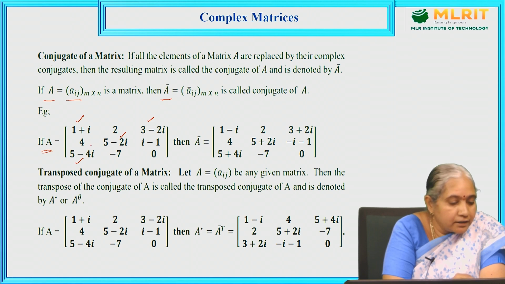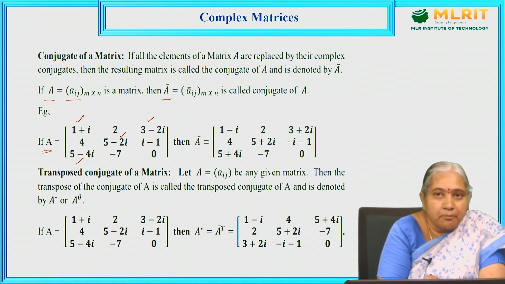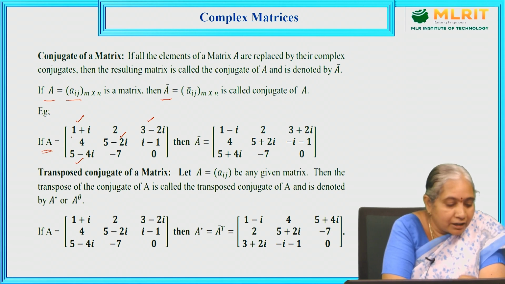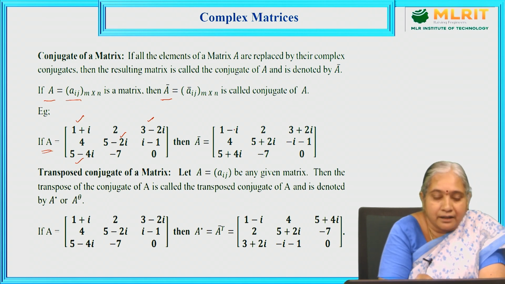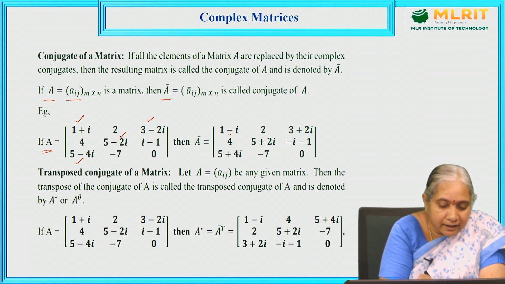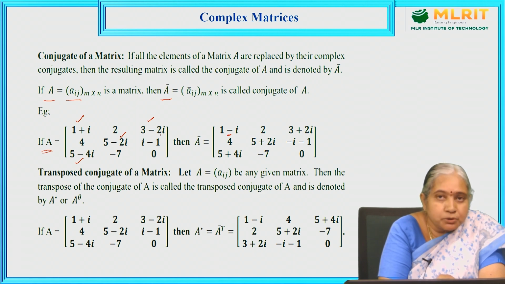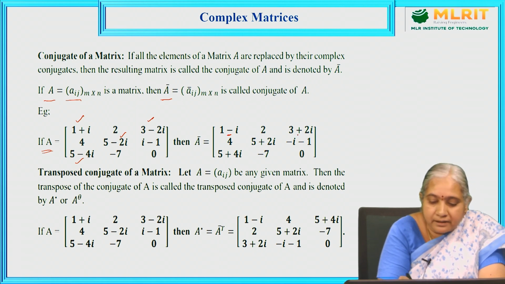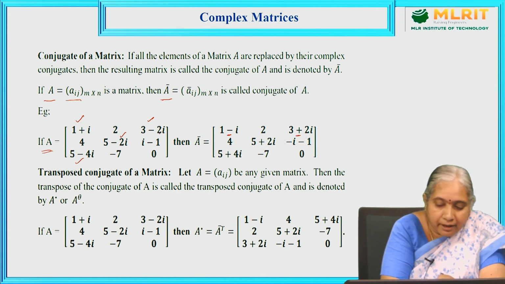Now we find the conjugate of this matrix, and it is denoted by A bar. Here the first element is 1 plus I, and the conjugate of 1 plus I is 1 minus I. That means we change the sign of the imaginary part. Similarly, 3 minus 2i is a complex number, and its conjugate is 3 plus 2i.